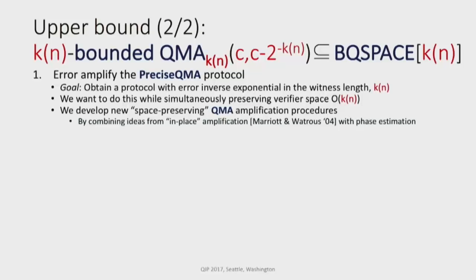I'm not aware of any previous methods which have these space-preserving features that we need. So we developed new ideas by combining ideas from in-place amplification of Marriott and Watrous with clever ideas from phase estimation.